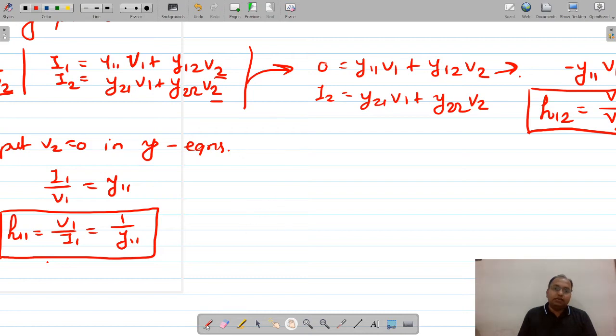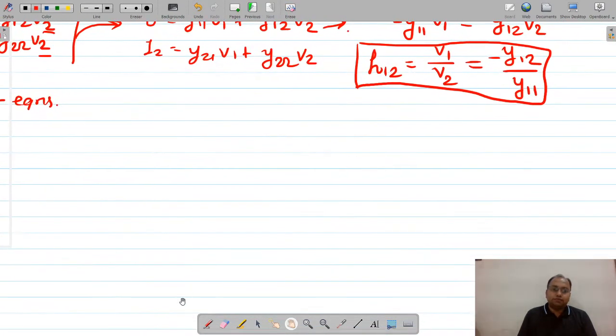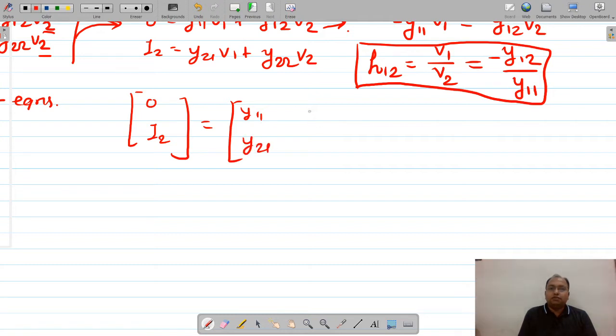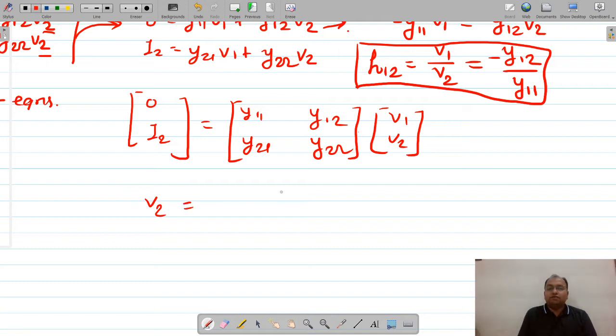So let us convert it into matrix form. 0, I2 is equal to y11, y12, y21, y22, times V1 and V2. Then let us find V2, because we want the ratio of I2 to V2.